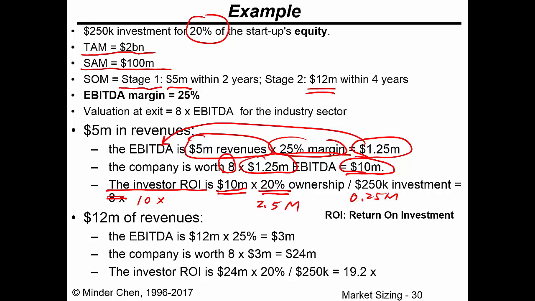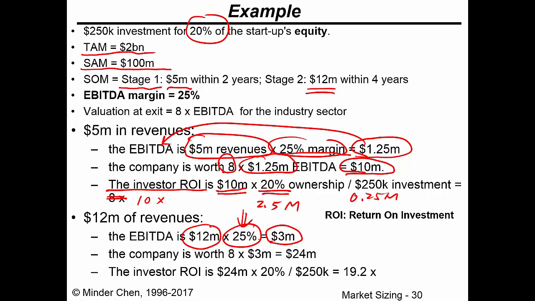Okay. And if we wait until the end of the 4th year to sell the company, and the revenue is 12 million, the EBITDA is that 12 million times the profit margin, assuming this is still 25%. That ends up to be $3 million.